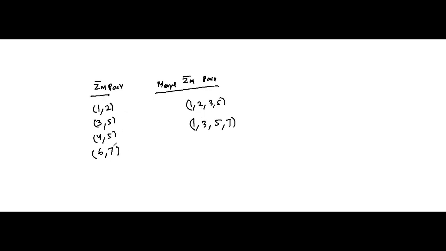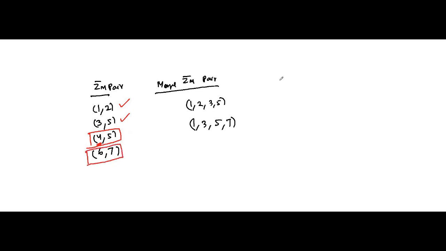So if we compare these Minterm pairs with merged Minterm pairs, see 1, 2 is present in 1, 2, 3, 5, okay, it is check marked. 3, 5 is present here in merged Minterm pair, that is also check marked. 4, 5. 5 is present in both the merged Minterm pairs, but 4 is not present. 4 is not covered in the merged Minterm pair. So we will highlight this. Again, 6, 7. 7 is there in this merged Minterm pair, but 6 is not present in any of the merged Minterm pairs. So again we will be highlighting this.